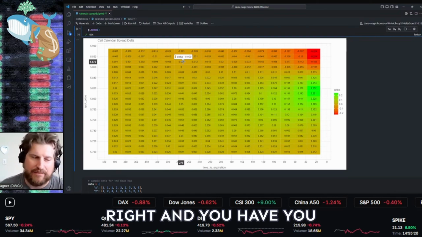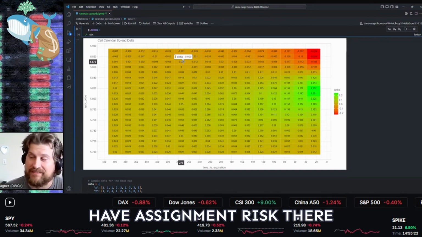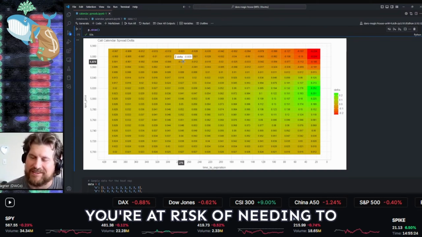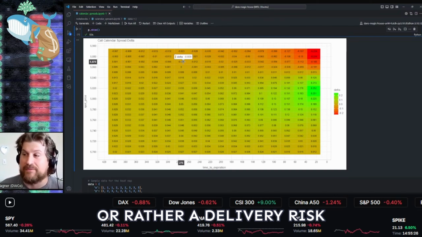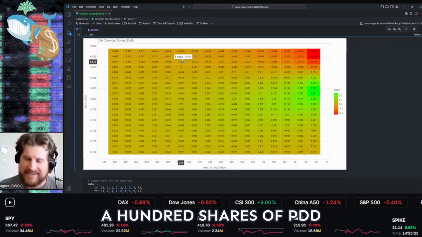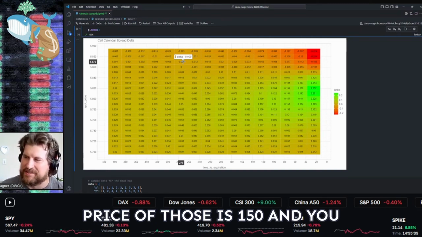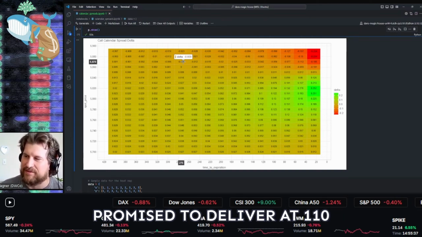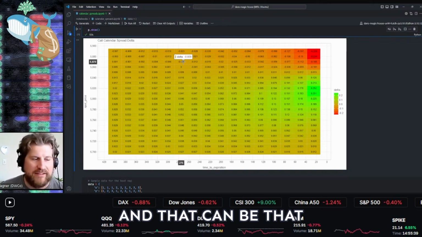And you have assignment risk there, right? You're at risk of needing to, or rather, delivery risk, I guess technically. You're at risk of needing to deliver 100 shares of PDD, and the market price of those is 150, and you promise to deliver at 110.